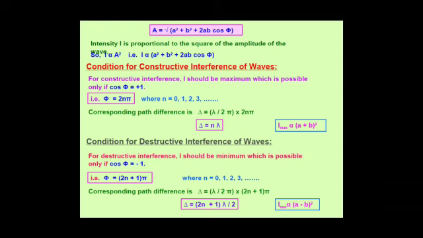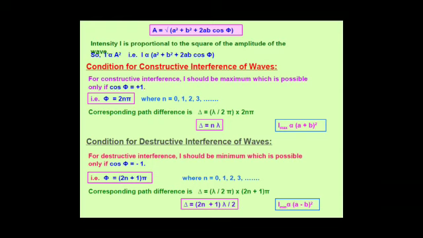So the intensity I is equal to capital A square of the resultant wave, and it is equal to small a square plus small b square plus 2ab cos phi. This formula gives the resultant intensity, or the intensity of the resulting wave. These formulas are used to solve the numericals related to these topics.